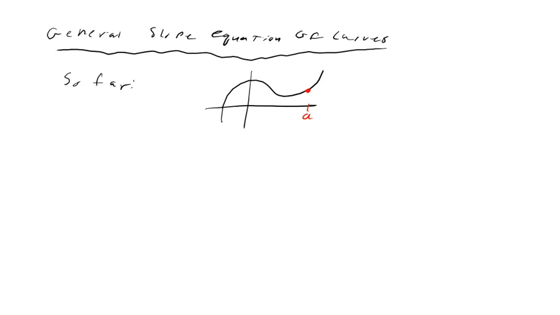What we have found is the slope of a curve at a specific location. It's the limit as x approaches that specific spot of f of x minus f of a over x minus a.